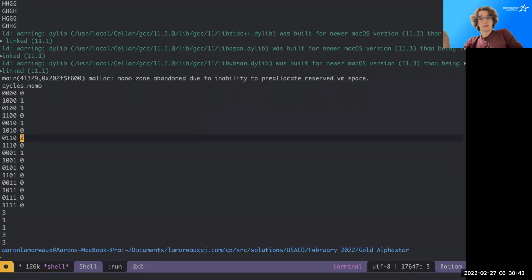There are, in fact, wait, there should not be 2 cycles. There should be 1 cycle. I guess that's not good. We are double counting, but how would we resolve that?